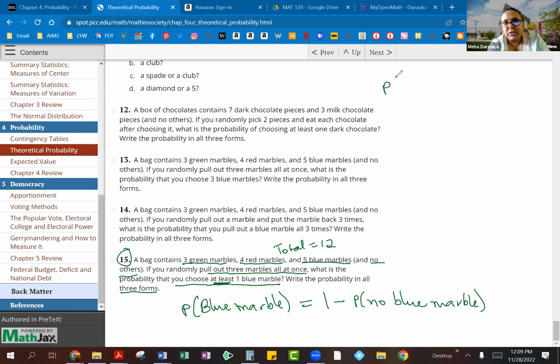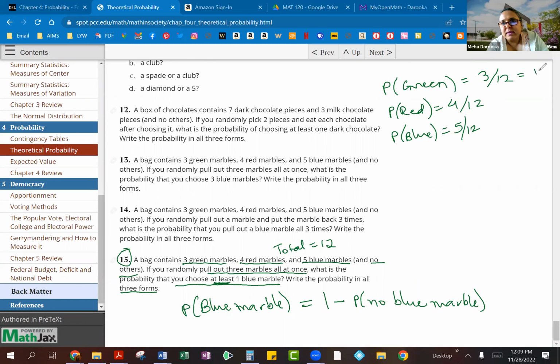So just to write those probabilities out again, the probability that you choose a green marble would be 3 out of 12. Probability you choose a red marble would be 4 out of 12. And probability you choose a blue marble would, of course, be 5 out of 12. And again, this guy would be 1/4, and this guy would be 1/3.